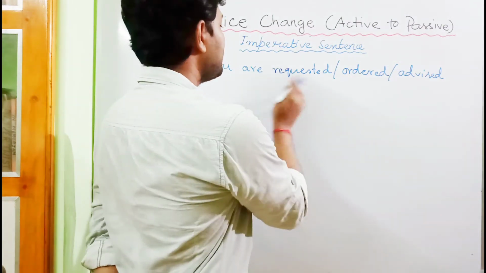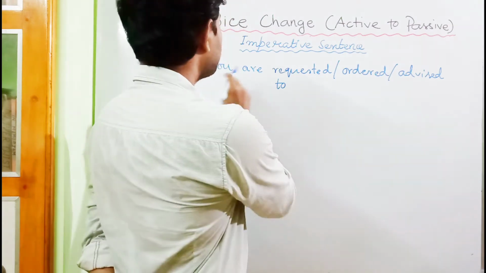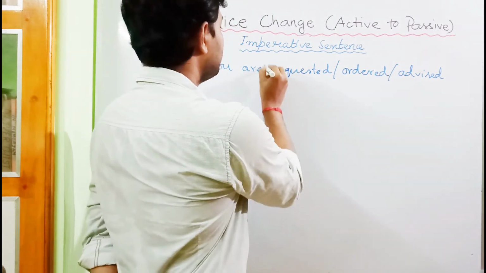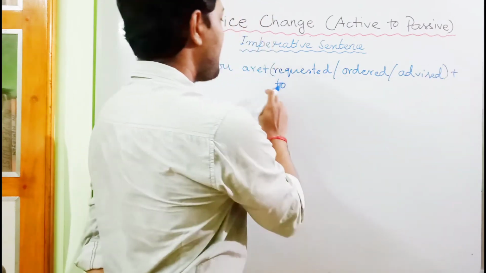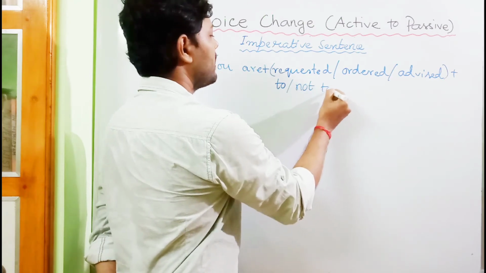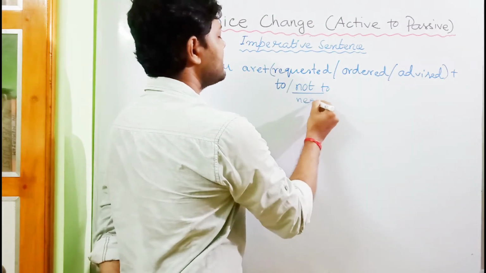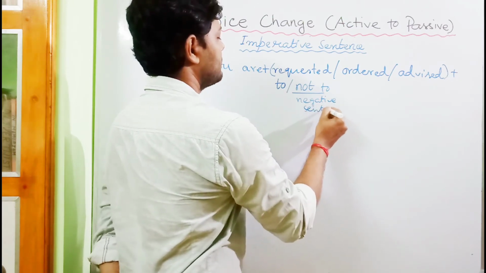After that you have to write "to." So first you have to write "you are," then the proper command, and after that "to" or "not to." When "not to"? If the sentence is a negative sentence.